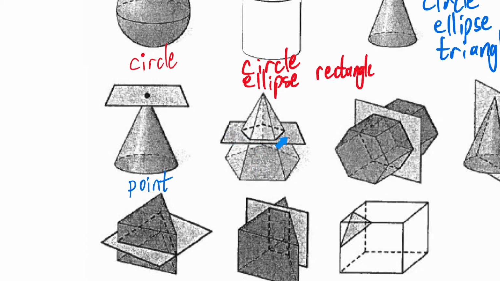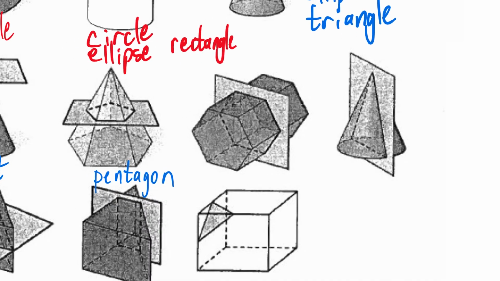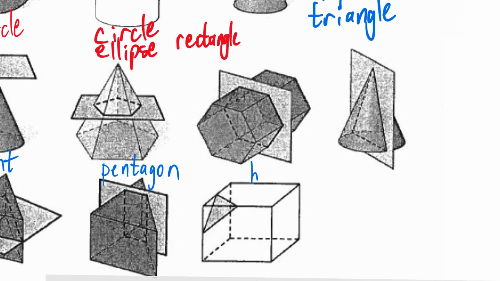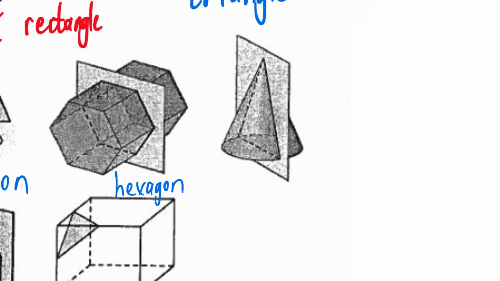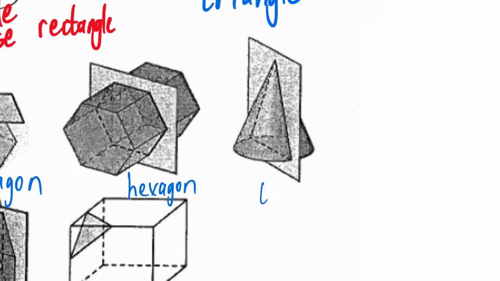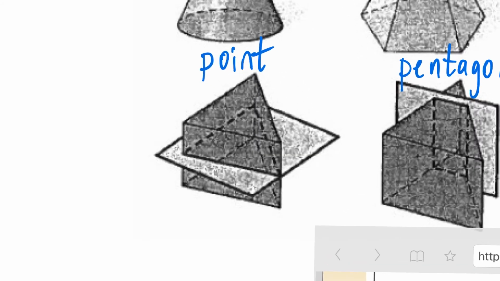Now, in this case, what is the cross section on this one? It's a pentagon. Okay, on this one, what's the cross section? The hexagon. Okay, on this one? Just like we saw a second ago, it's a triangle. Okay.